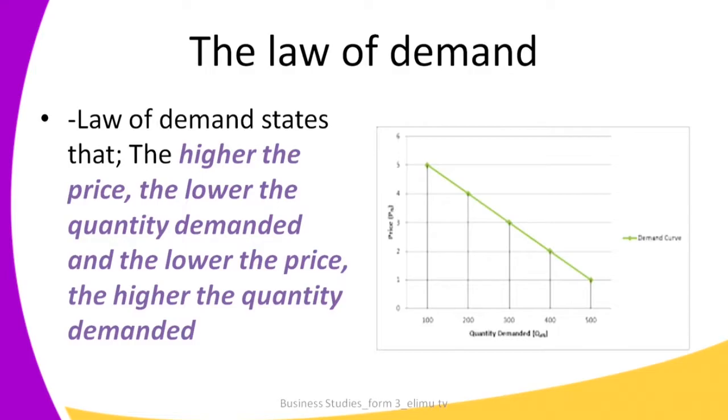If the price continues to decrease, for instance where the price is 1, the quantity demanded is 500. So that's why we are saying the law of demand: the higher the price, the lower the quantity demanded, and the lower the price, the higher the quantity demanded, and that is how we come up with the shape of the demand curve.